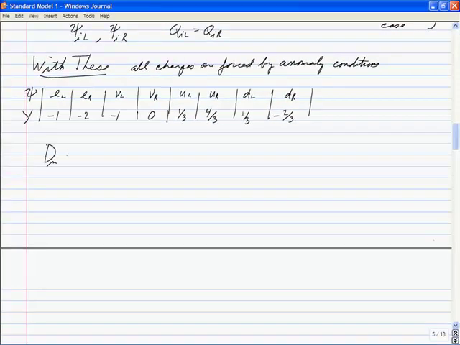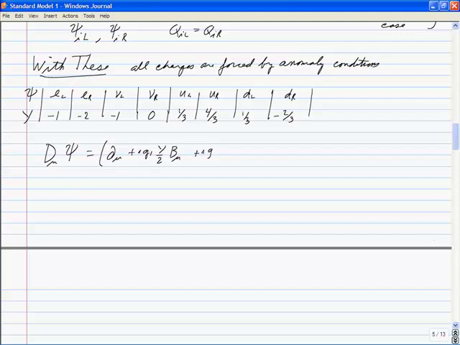So the covariant derivative on psi is D_mu plus i g1 Y over 2 B_mu, that's the U(1).